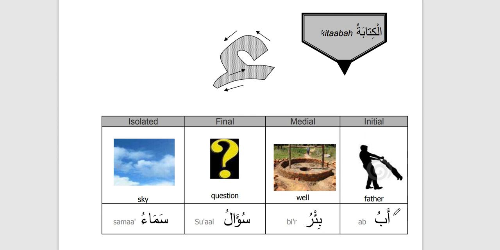So it's always isolated like this. Abu, as initial, it is written on the seat of alif. It takes the seat alif when it comes initially. When it comes in between, it takes the seat of dotless ya, but when you write joining, you have to take the seat called sin.